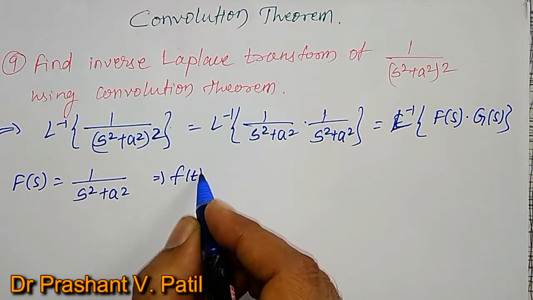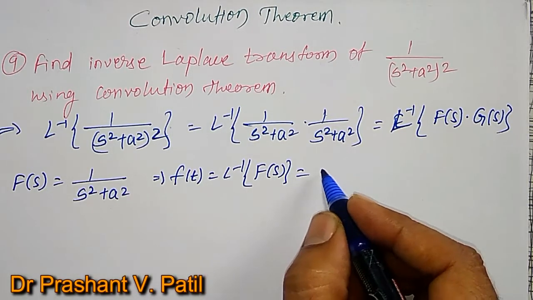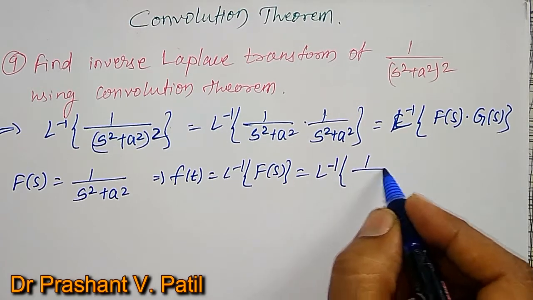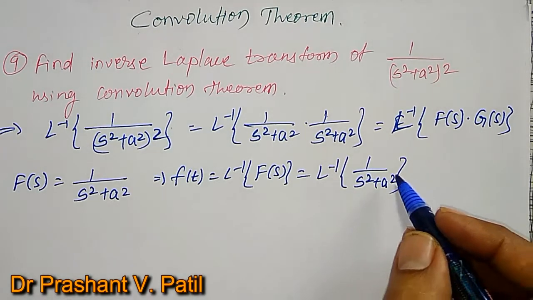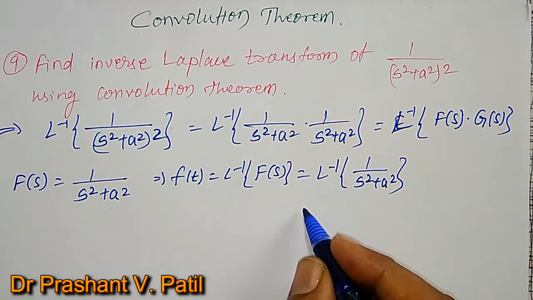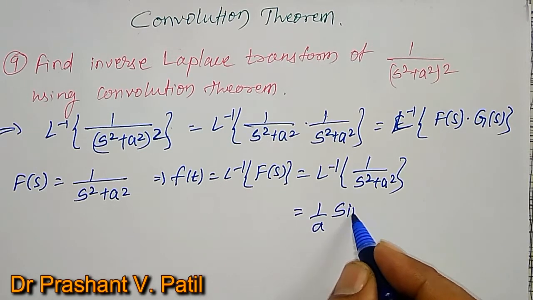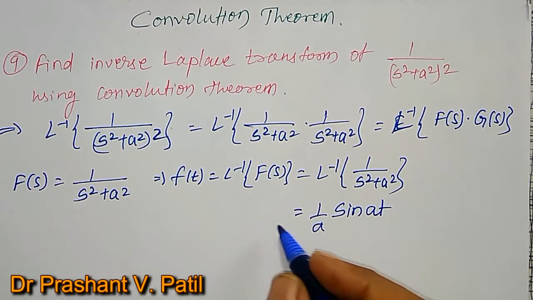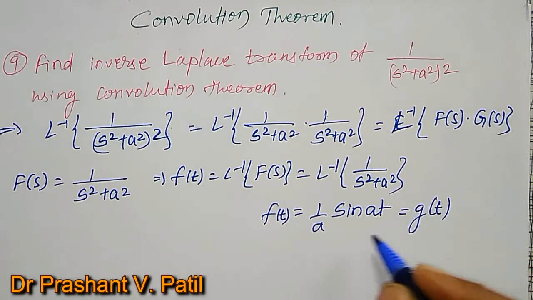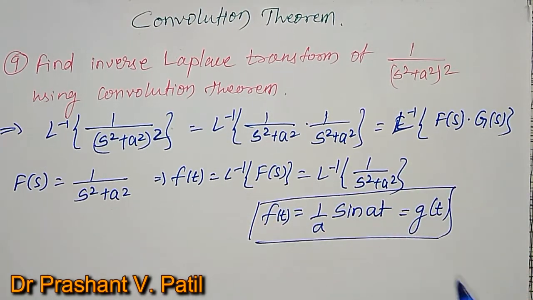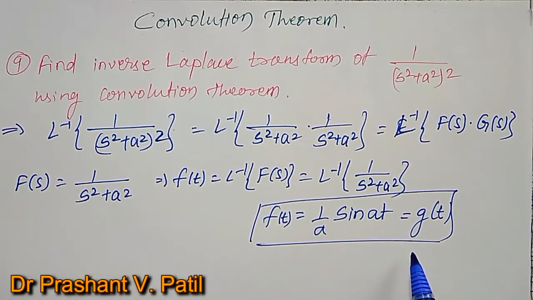Then f of t will become the inverse Laplace transform of capital F of s, that is nothing but the inverse Laplace transform of 1 divided by s square plus a square, which is 1 by a into sin at, correct? This is my f of t, and the same is also equal to g of t, because both F of s and G of s are the same here. Now f of t and g of t are ready with me.